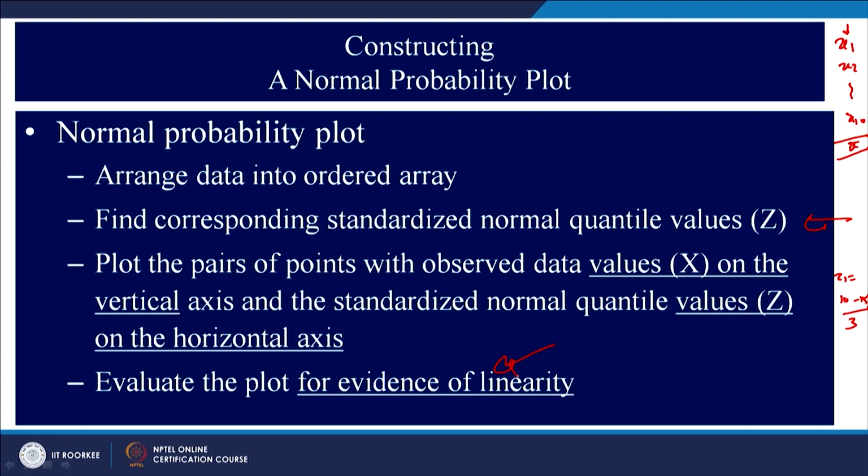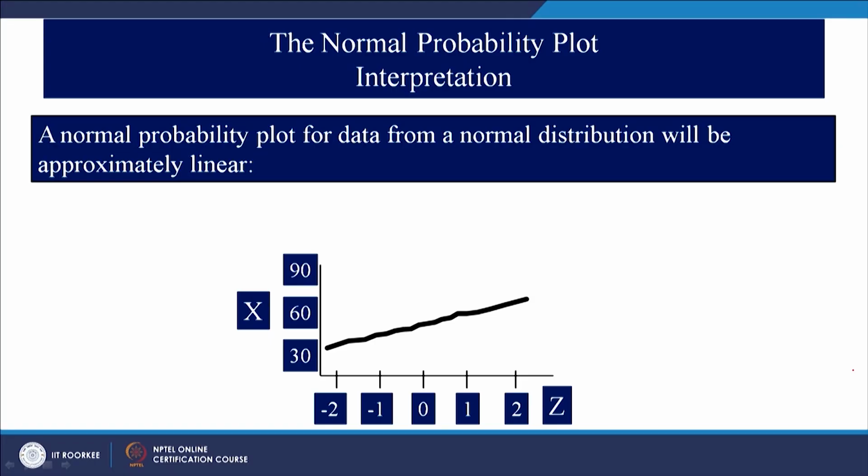A straight line means a line like this, right, having a 45° angle from the x axis. So, let us look at an example: a normal probability plot for data from a normal distribution will approximately be linear. Just see, this is quite a linear one, is it not?